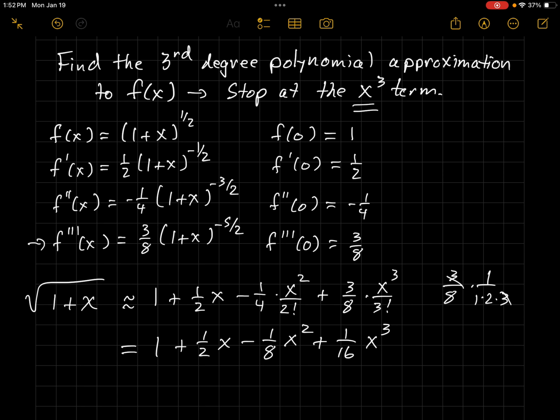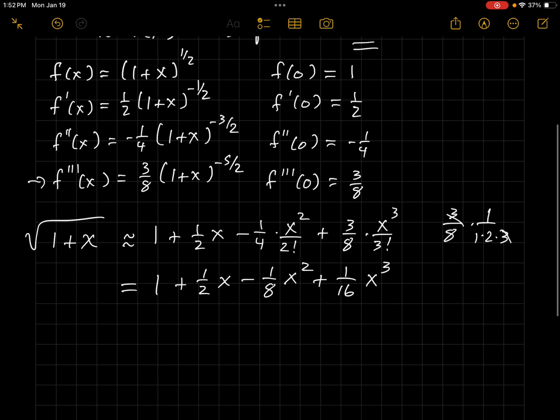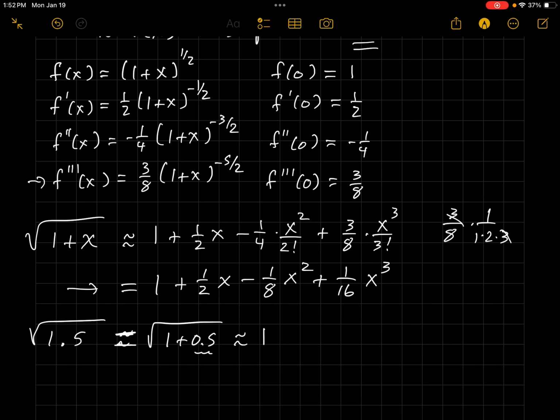So a follow-up question could be something like, what's the square root of, say, 1.5? Well, I can approximate it by doing the square root of 1 plus 0.5. And then I just plug in 0.5 for every x in my polynomial.